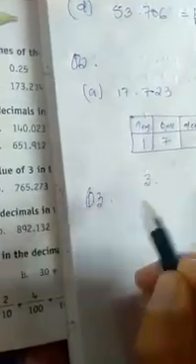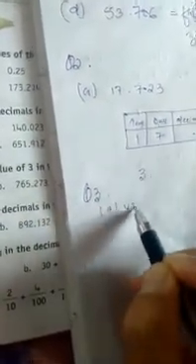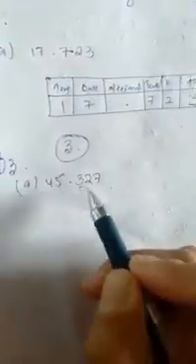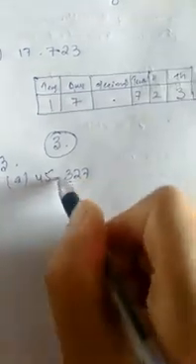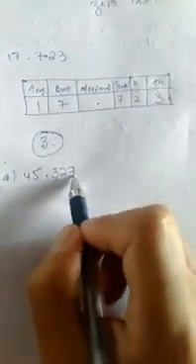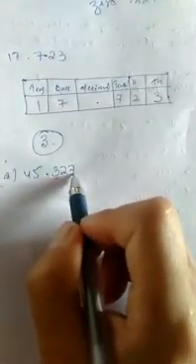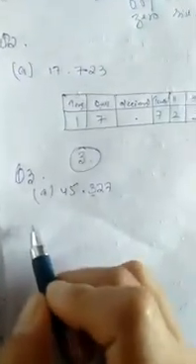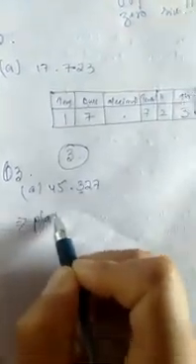So in question 3, write the place value of 3. Question A, 45.327. We have to write the place value of 3. After the point there is 3, so how we used to read: tenth, 100 and 1000. Let's write here place value.